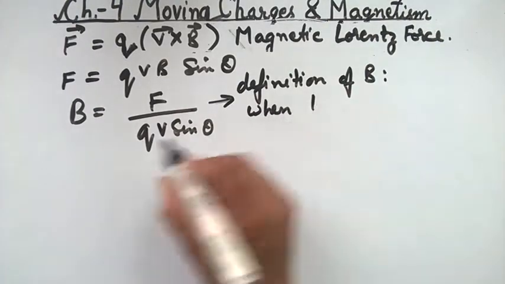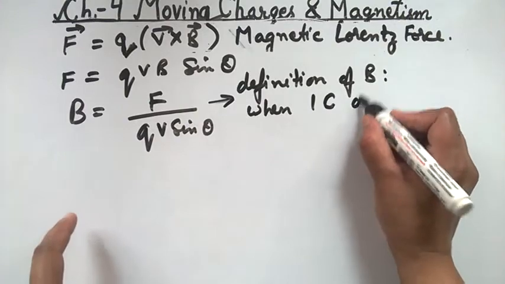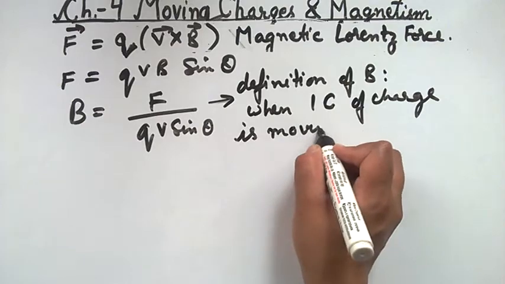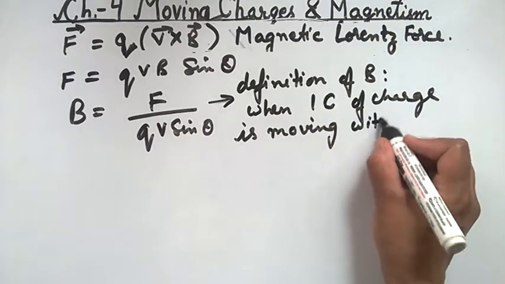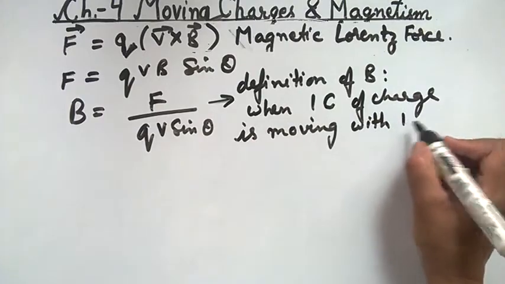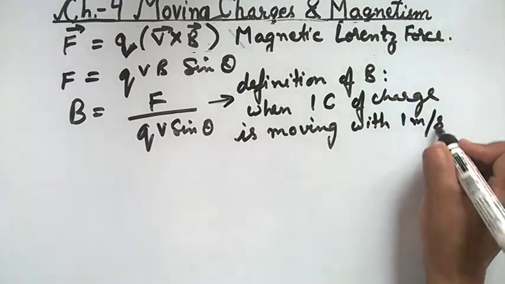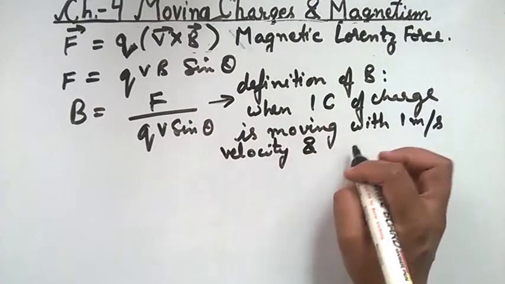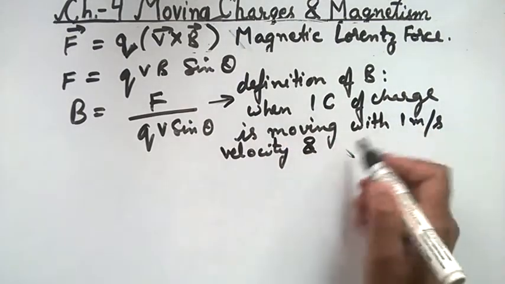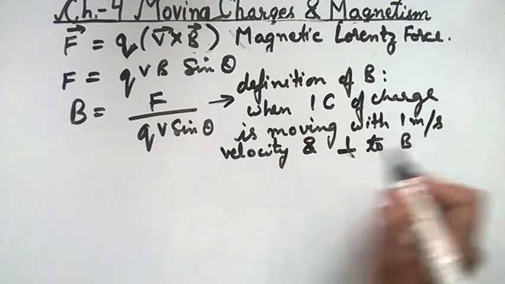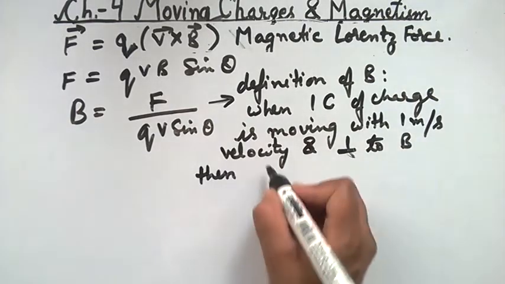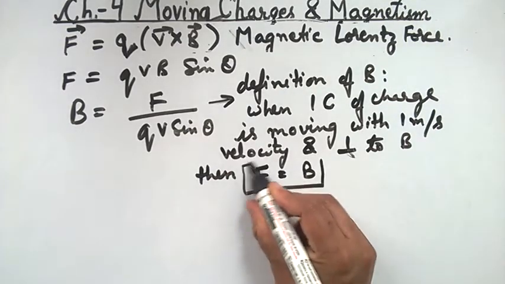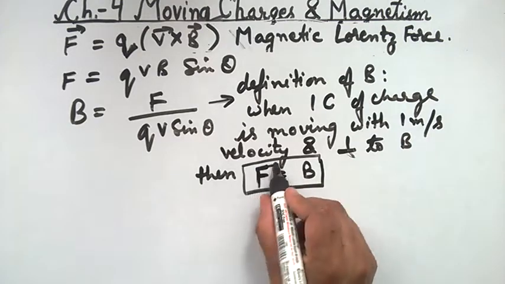When 1 coulomb of charge is moving with unit velocity, that is with 1 meter per second velocity, and perpendicular to magnetic field, then force experienced is equal to magnetic field, or the magnetic field is equal to the force experienced by a charge.